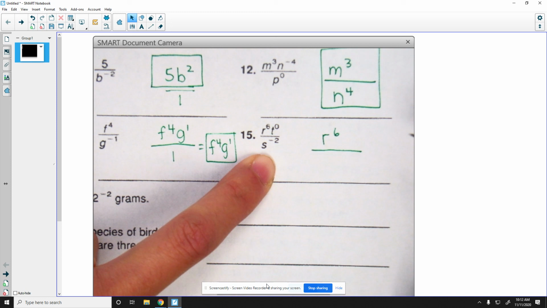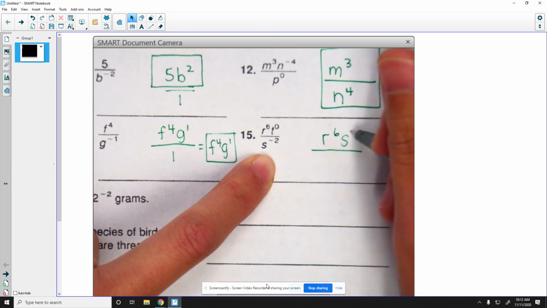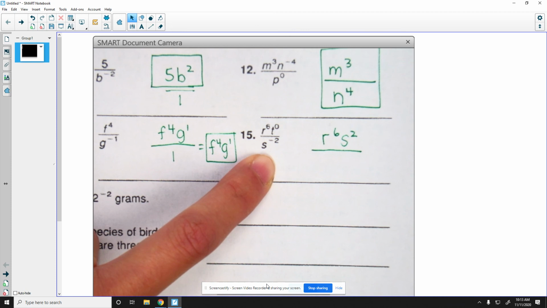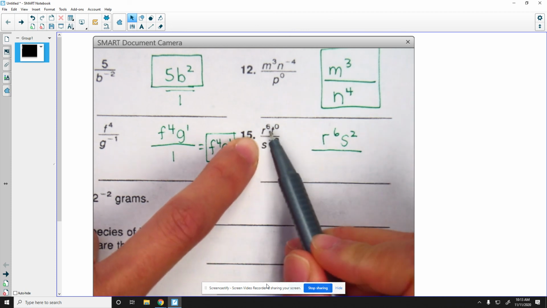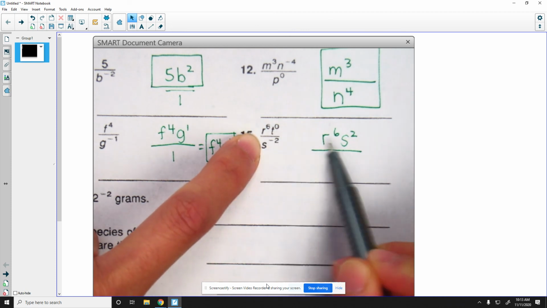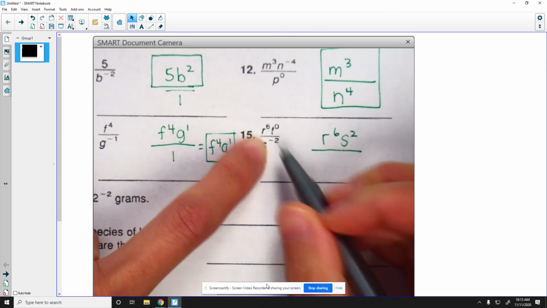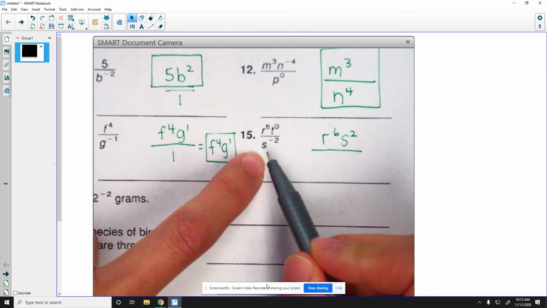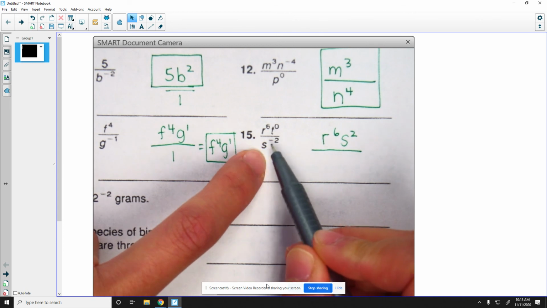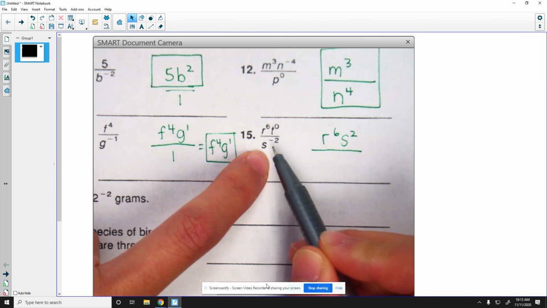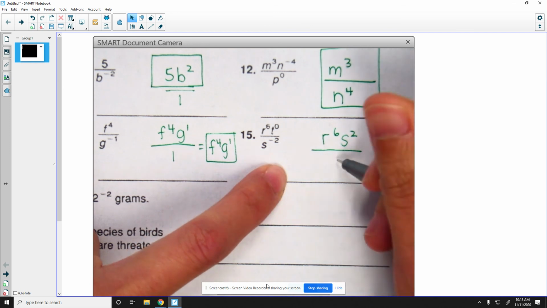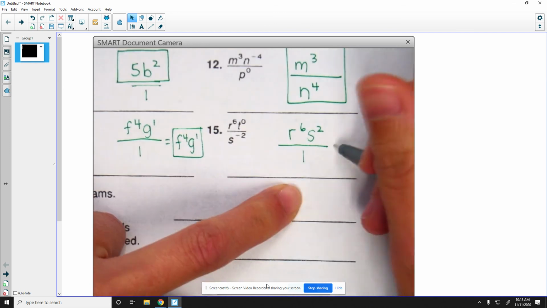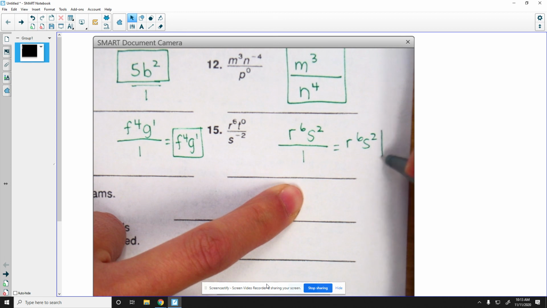R to the 6 and then S to the 2. Is S to the 2 on the top or bottom? This is my answer. Good job. Okay, R to the 6, positive exponent, stays where it is. T to the 0, anything to the 0 equals 1, so it basically disappears. When you multiply by 1, it disappears. S to the negative 2, negative exponent, it flips. Since it was on the bottom, now it goes on the top. You really could put over 1 if you wanted to, but that's the same thing as just saying this.